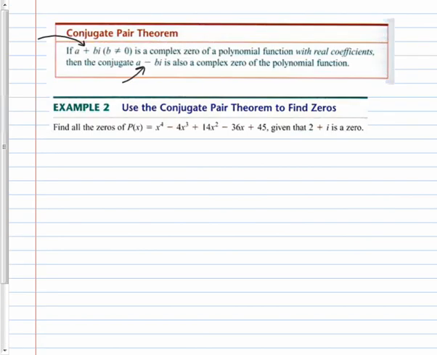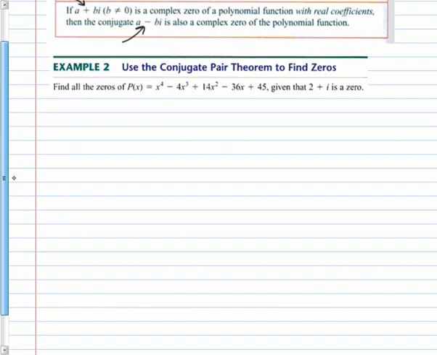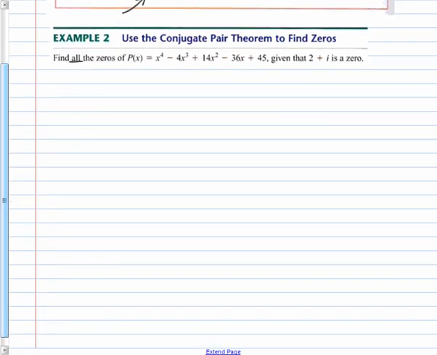It always will be true. So using that idea, they say find all zeros of this polynomial, and they tell us one zero is 2 plus i. Well, if I know a zero, and by the way, these complex ones don't show up on our real graph. We can't see those. They're not x-intercepts. So I'm going to do synthetic division.